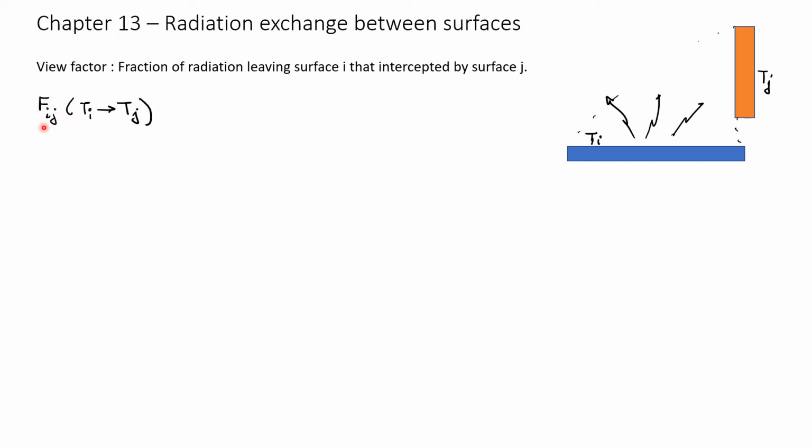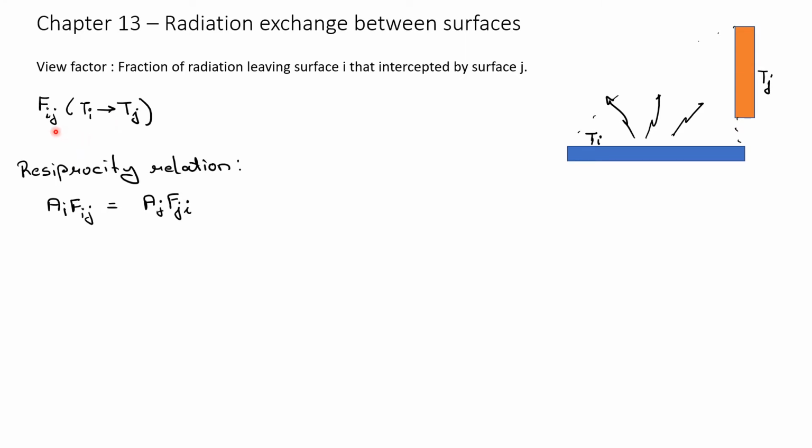So if you see a notation Fij, it will mean that the radiation is leaving I and is intercepted by, or is falling on, J. This particular case here is a simple case, but you may have different scenarios where you might have to calculate how much radiation heat flux is being exchanged between two surfaces. So that's why finding the view factor in different scenarios is extremely important.